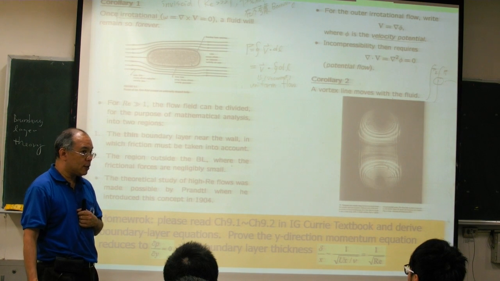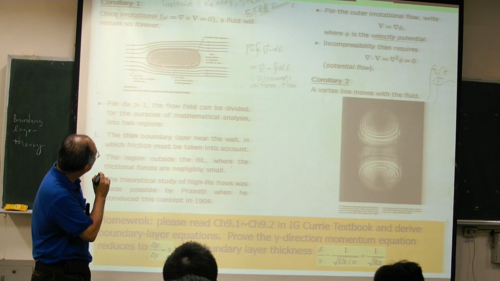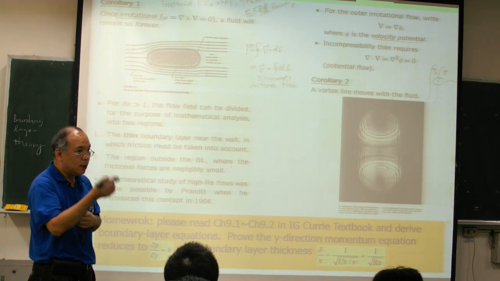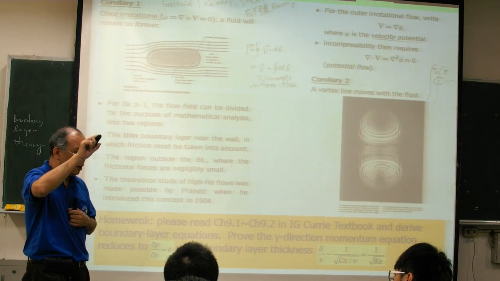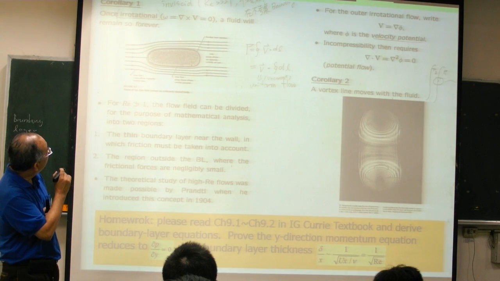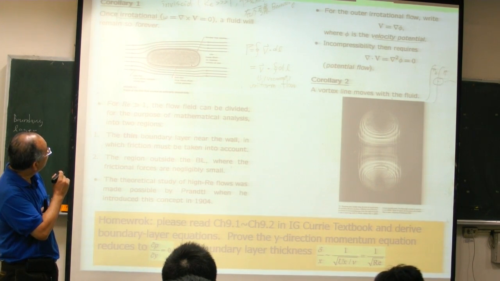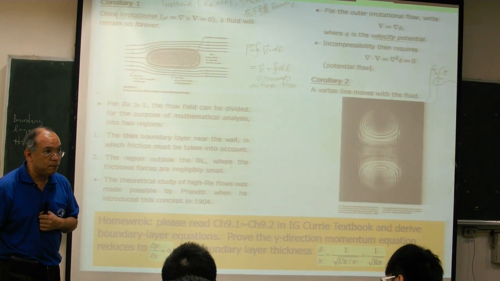There is no vorticity; the vorticity is only inside the boundary layer, because the vorticity generated from the boundary is all confined inside the boundary layer. Outside this boundary layer, we can assume it's irrotational flow.